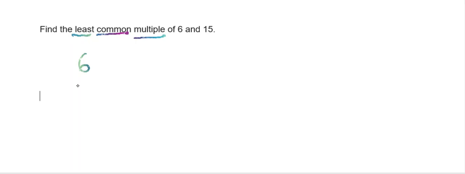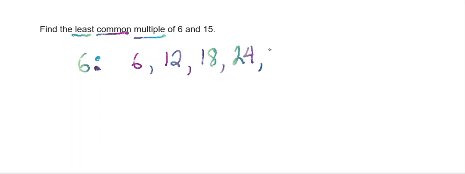So let's start off with 6 and write the multiples of 6. 6 times 1 is 6. 6 times 2 is 12. 6 times 3. 6 times 4. 6 times 5. 6 times 6. 6 times 7. I can just put a dot, dot, dot.